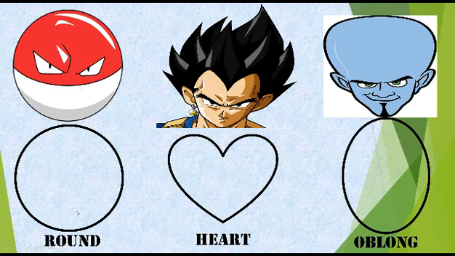So Voltorb has a round shape. As you can see here, Voltorb is round, Vegeta has a heart-shaped face, and Megamind has an oblong-shaped face.